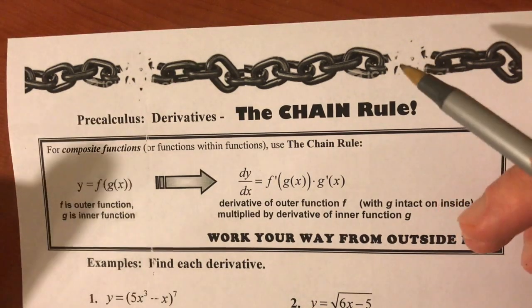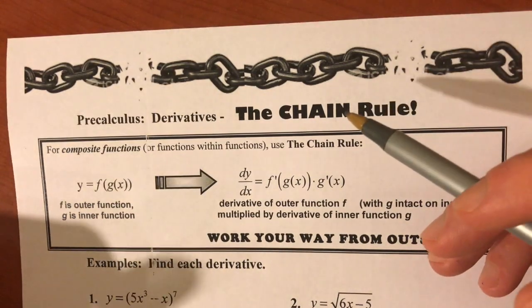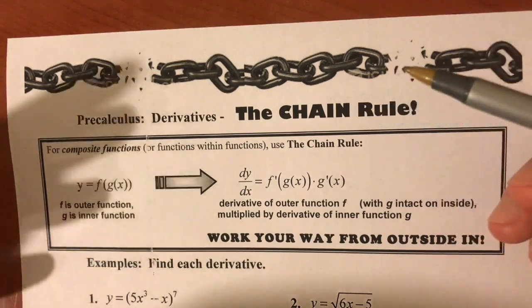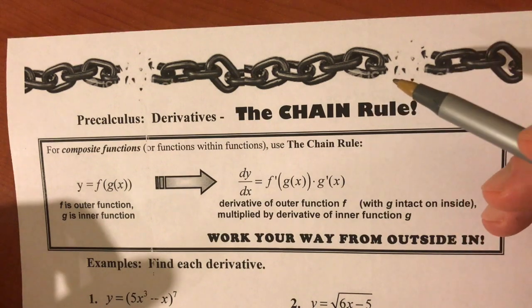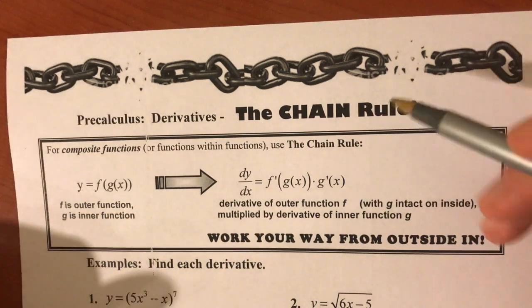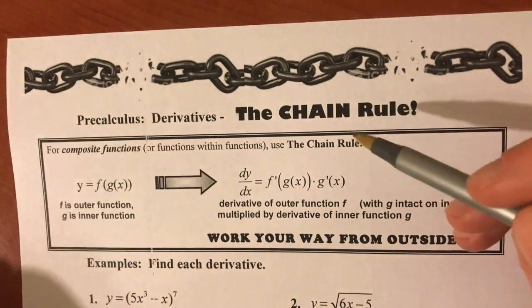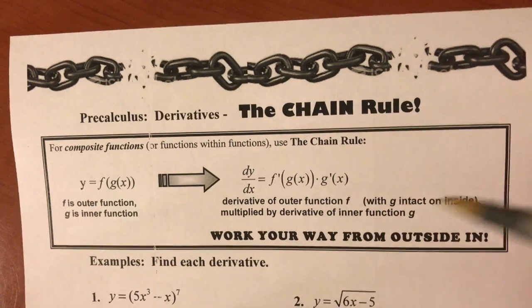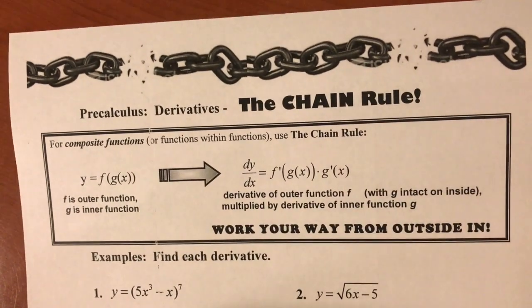But what if on the inside of the function there was another function? What if it was the sine of x cubed on the inside? What if it was the square root of cosine of x? What if it was e raised to the square root of x instead of just plain old x? Those are functions within functions. That's a composite function, and that's when you need the chain rule.